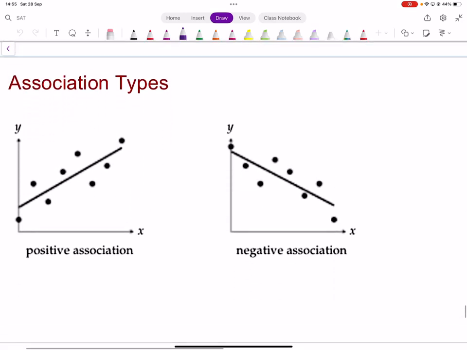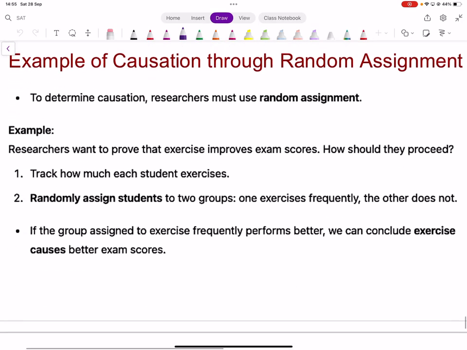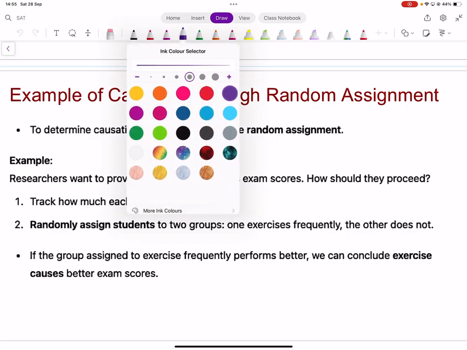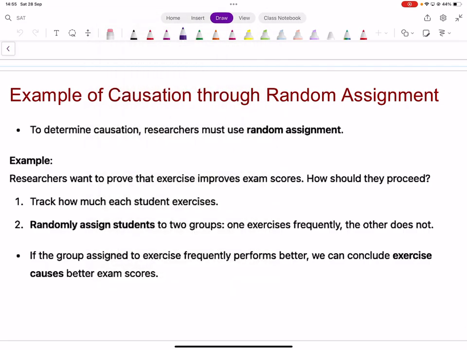For that, we need to understand this concept of causation. To determine causation, researchers must use random assignment. So remember, we talked about this. When you're taking a sample, it has to be random, right? It has to be random.